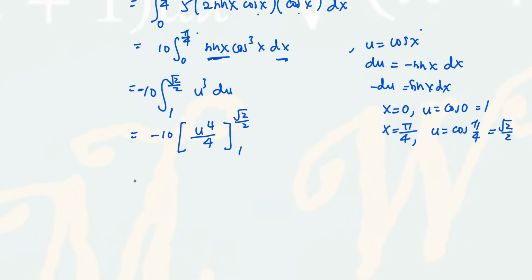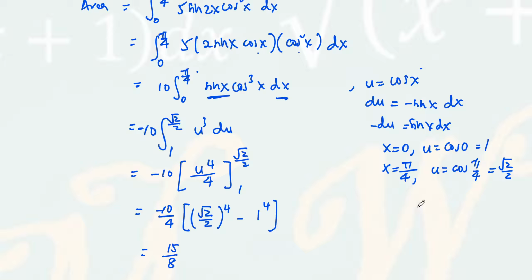Okay, then here just factorize the 4. So minus 10 over 4. And replace the u. So root 2 over 2 power 4 minus 1 degree 4. So at last, you will be getting 15 over 8. So this is the area of the bounded region.